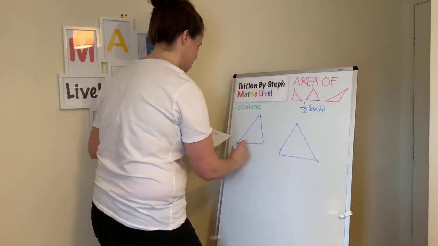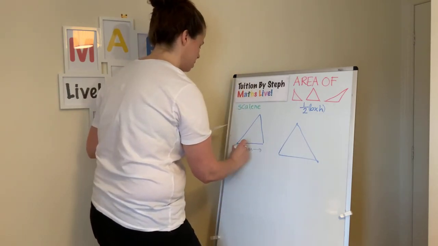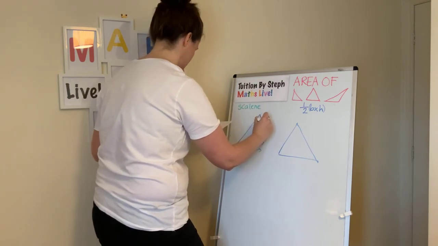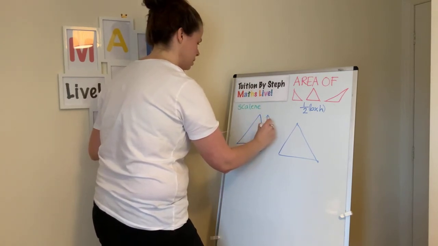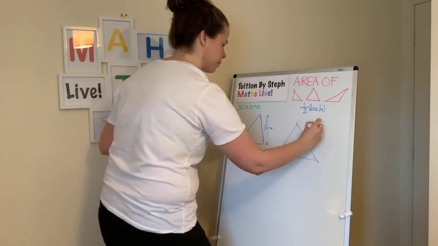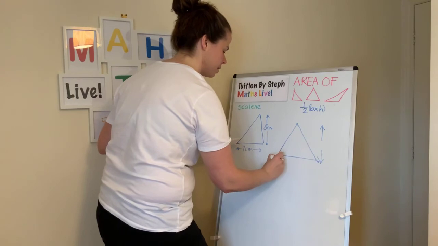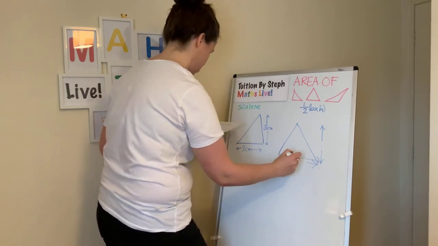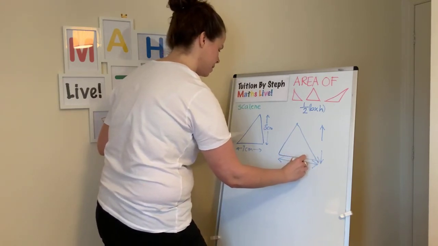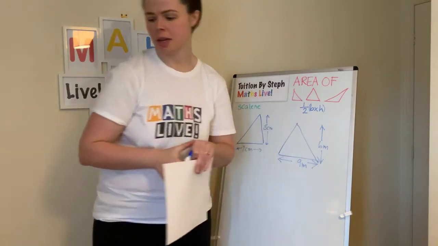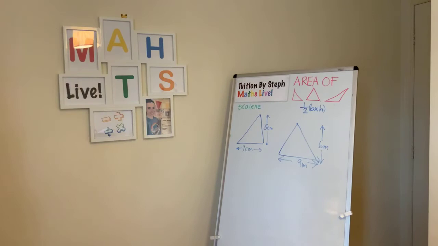I'm going to tell you that this is 7 centimetres, and the perpendicular height of this is 8 centimetres. And for this one, it is 9 metres and 6 metres. I realise I've been using centimetres the whole lesson. And there's more to length than centimetres.